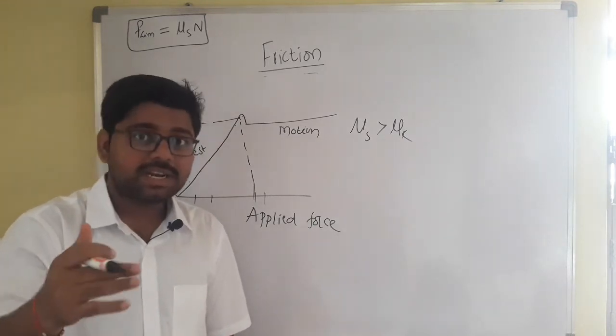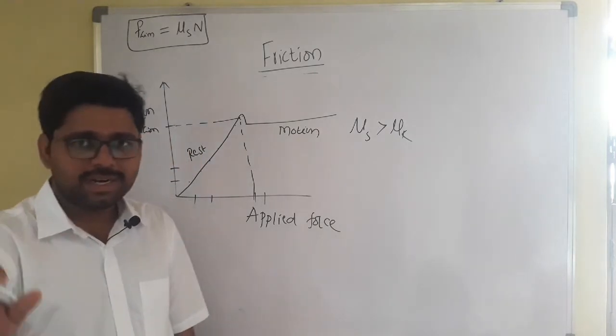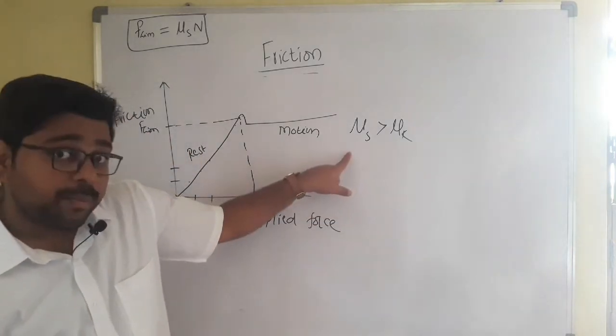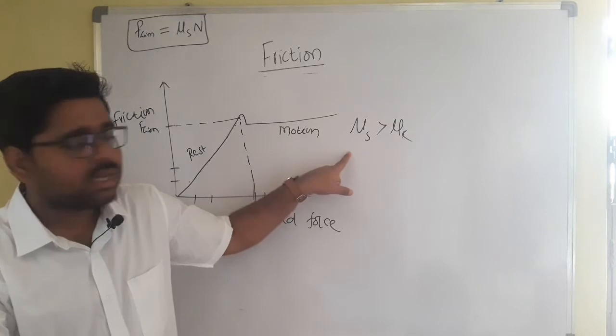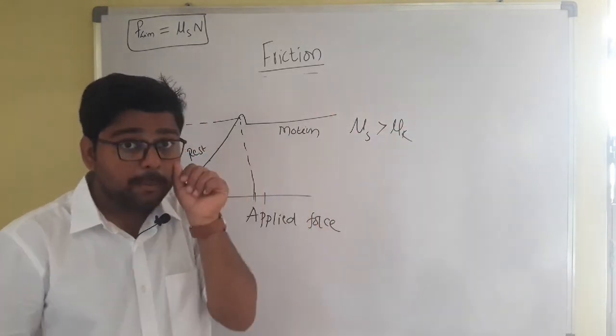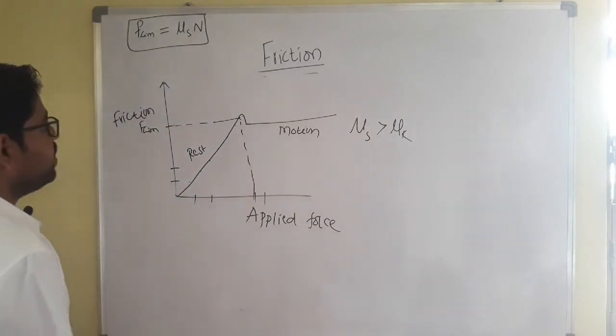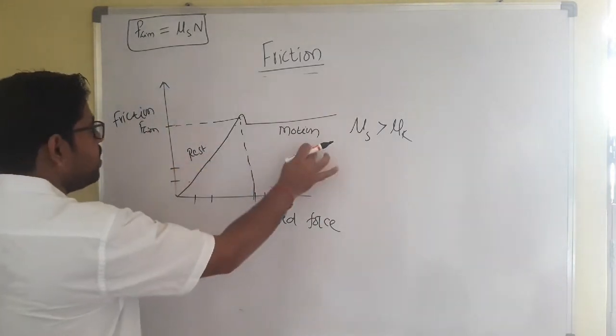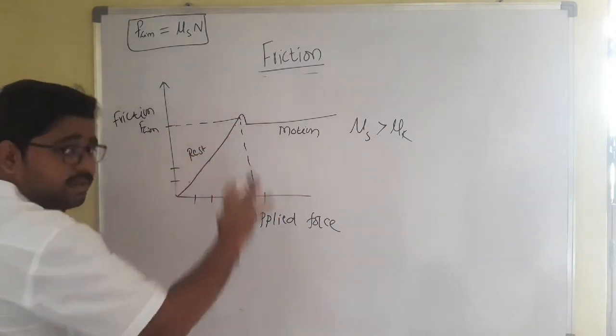Starting trouble is the biggest hurdle. The same thing here: to start motion is the biggest task, and after it starts moving, the rest is easier. So mu s is greater than mu k. So it is at rest, and it is under motion. This is the nature of the force.